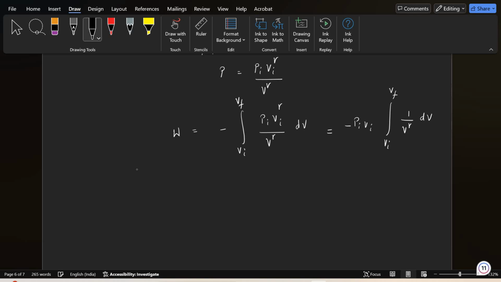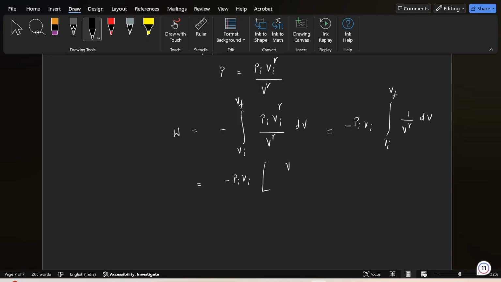So what is the integral for this value? V to the power what?